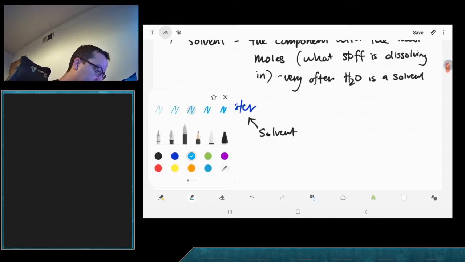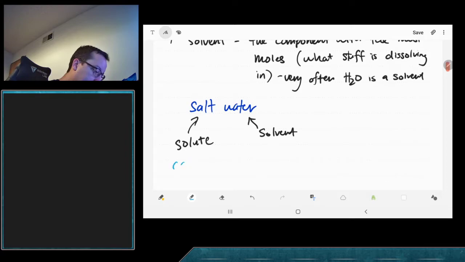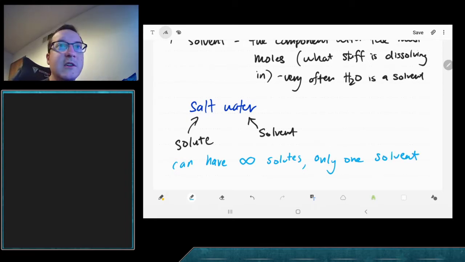So let me just write that out. Can have as many solutes as you want, but only one solvent. And so just so we are clear, the solvent is whatever there is the most of. And in biology, pretty much all of biology, the solvent is going to be water.